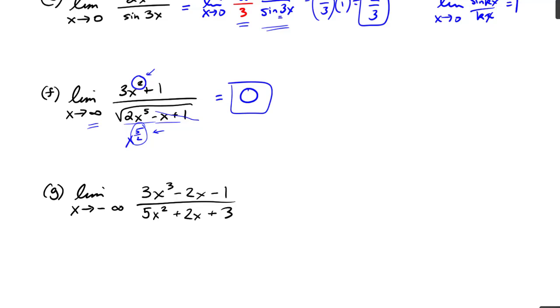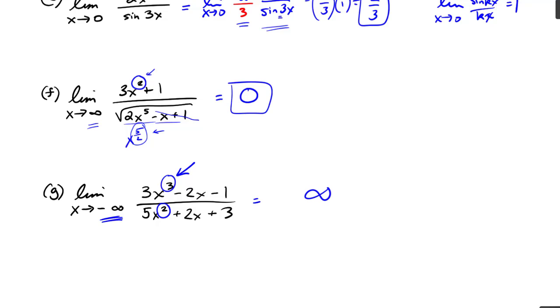Okay, now how about the limit as x goes to negative infinity, 3x cubed minus 2x minus 1 over 5x squared plus 2x plus 3. Right, again, I've got a limit going to infinity or negative infinity, and I've got actually a rational function here, polynomial over polynomial, so this is again a battle of these powers. Now, clearly, the numerator is dominating here, so it'll be a type of infinity.